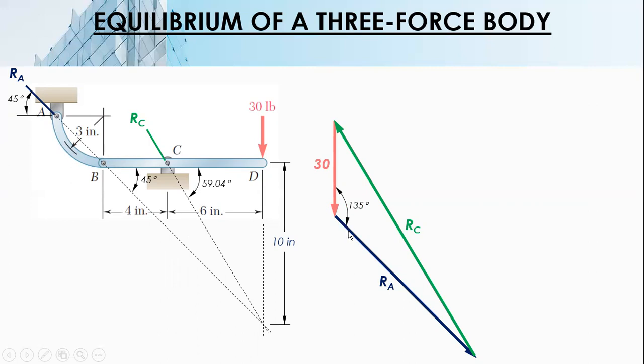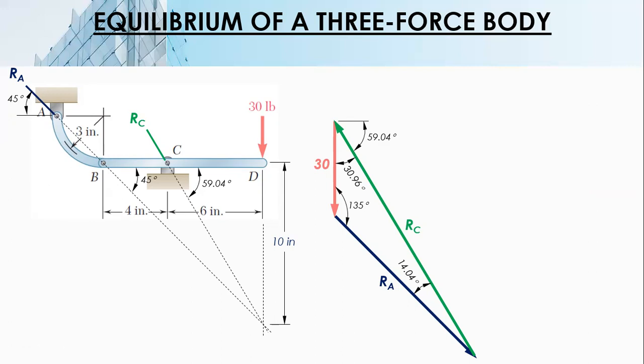So 90 plus 45, we have 135. Okay? Next, the direction of RC from the horizontal is this, 59.04. Kano yun? 59 na siya. Same money. So 90 minus this, 30.96. And 180 minus the two angles, you have this, 14.04.